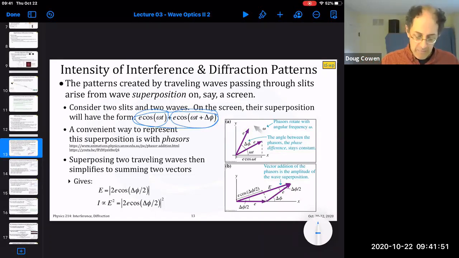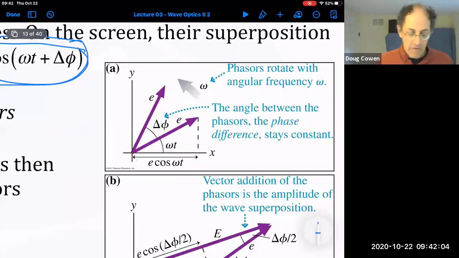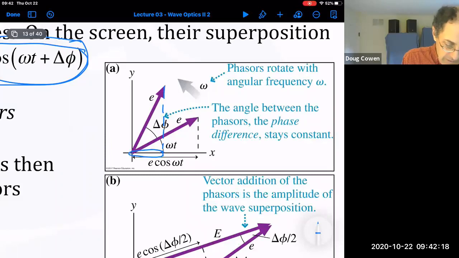The reason we can do that is, if you imagine this vector rotating around the origin in the counterclockwise direction, and you think of its projection onto the x-axis, this distance will be equal to E times cosine of omega t plus delta phi.